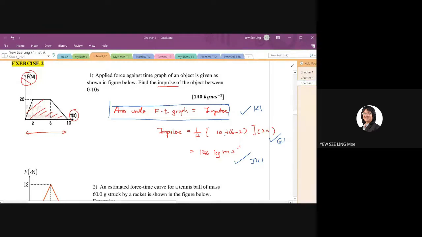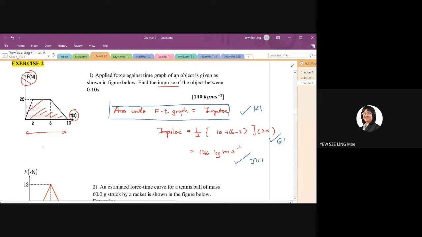Even if you got the answer wrong, if you don't know how to calculate the trapezium and got the equation wrong, you can still get 1 mark for the concept. So 1 mark for concept, 1 mark for substitution, and 1 mark for the answer with unit. So this is how you solve it.